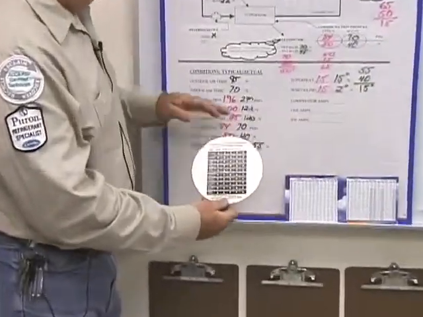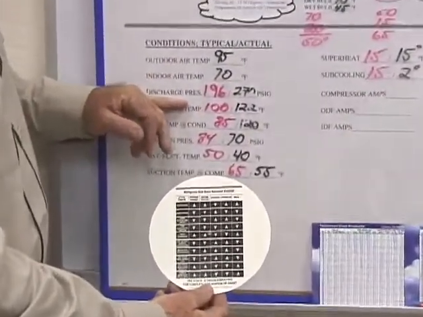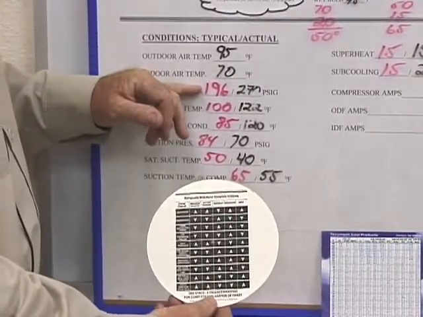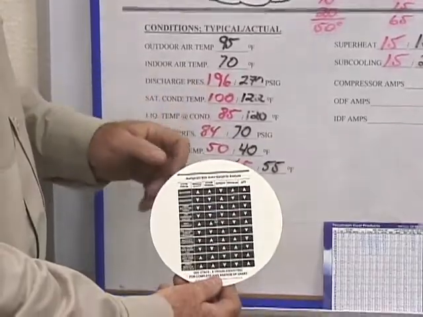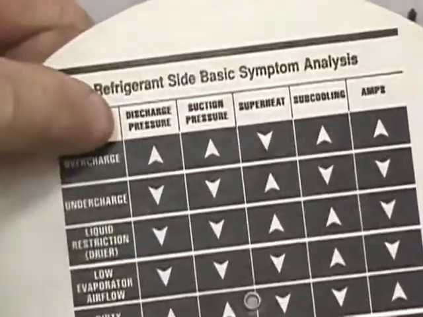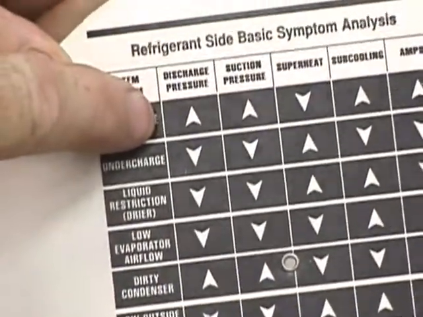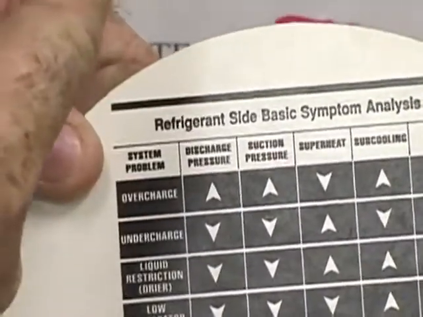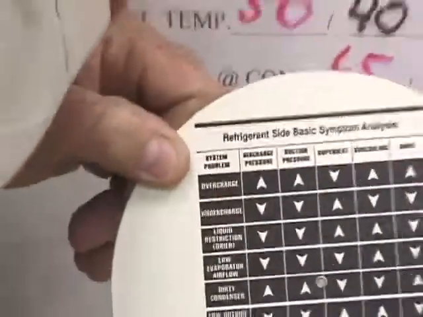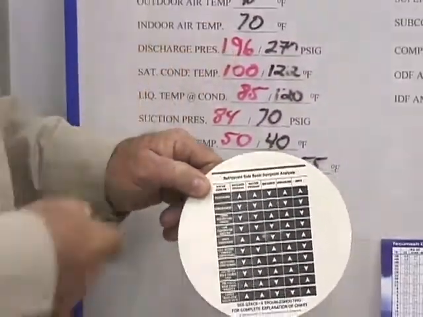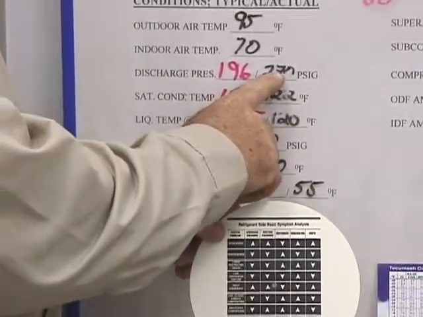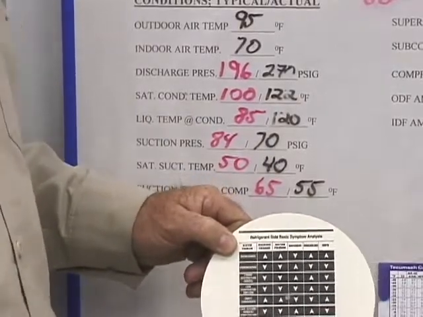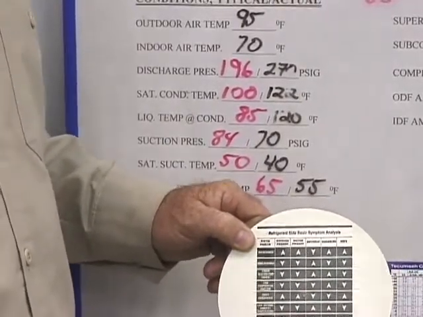So we're taking our discharge pressure, which we should say is 196, and we got 270. Well, if I look down my discharge pressure, the first one, the arrow's pointing up, meaning that it's higher than typical. Now when we say higher than typical, if the actual number over here is 200, I wouldn't panic.